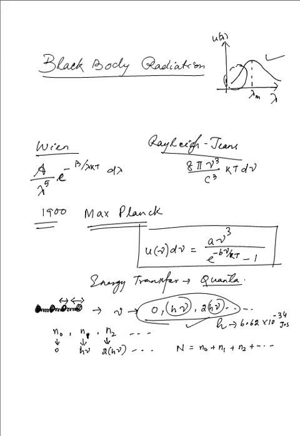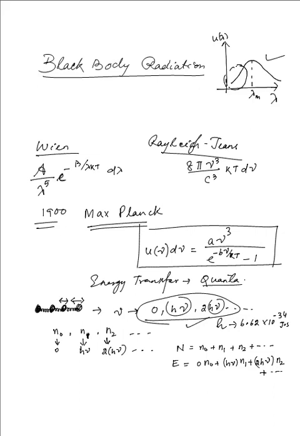And the total energy possessed by all the oscillators put together, we can give as E, and that will be 0 energy for n0 oscillators, and then h nu energy for n1 oscillators, and then 2h nu for n2 oscillators, and it continues like that.